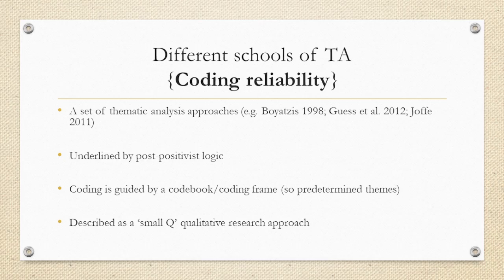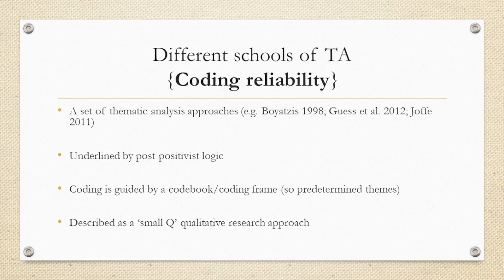Levels of agreement between coders can then be calculated using what is called Cohen's kappa, where a score of 0.80 and above usually indicates accurate or reliable coding. And that's why it's called coding reliability.